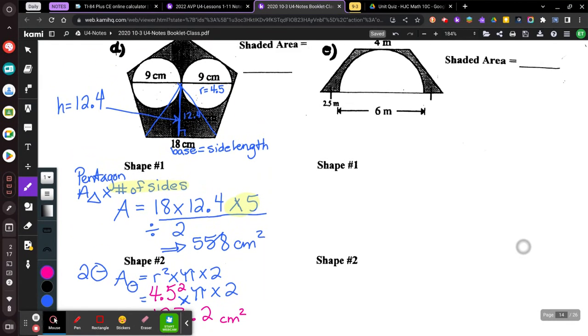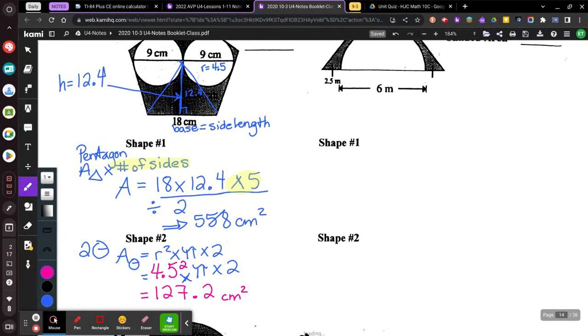Now in this case, we are going to subtract them. So we're going to take the pentagon, subtract the circle is what we're doing. Okay, so the pentagon subtract circle. So we're going to have 558 subtract 127.2.